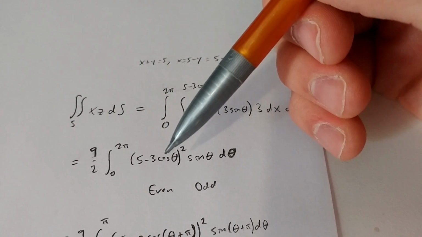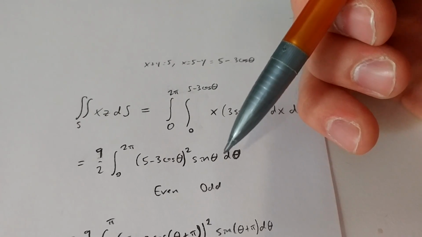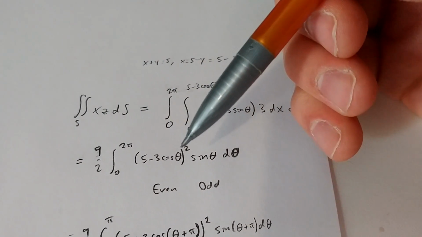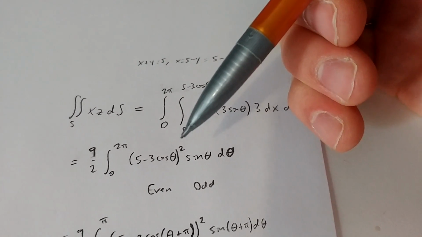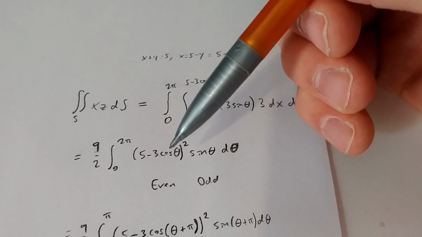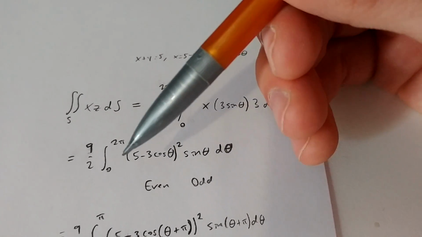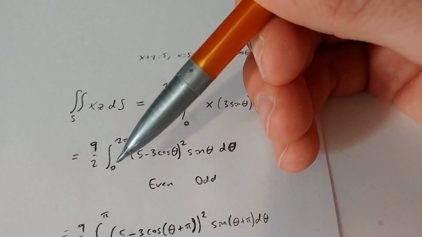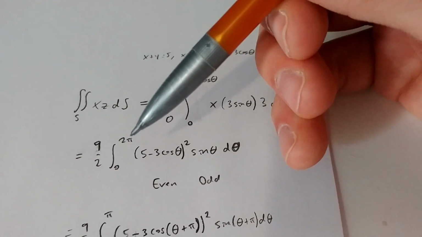But the top bound is squared. So if you look at the shape of cosine, it is symmetric around the midpoint of these bounds. So it's going to be the same to the left of theta equals pi as the right of theta equals pi. This one happens to be an even function, but that's not why this will evaluate to 0, because our bounds have to be from minus a to plus a, just the same value on both sides.